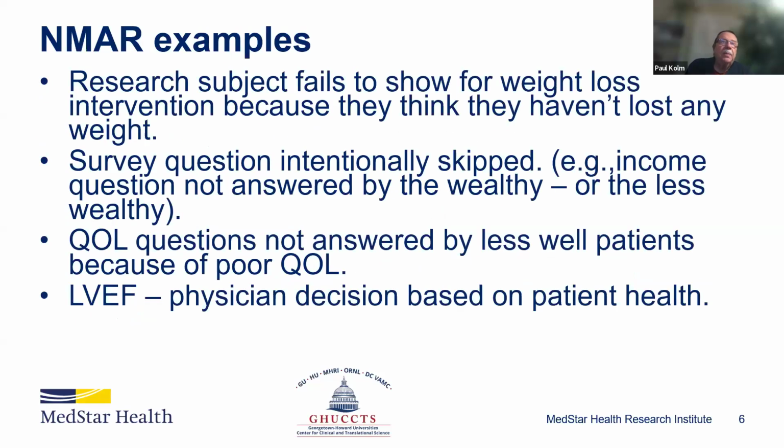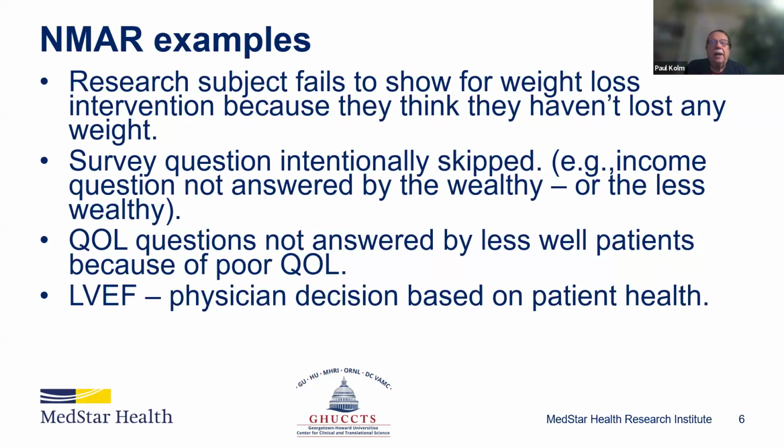Not missing at random, going back to the weight loss intervention example, if a research subject fails to show for the intervention because they think they haven't lost weight, then obviously that's not missing at random. The missingness is related to the outcome. Or a survey question that's intentionally skipped. A common one might be income.